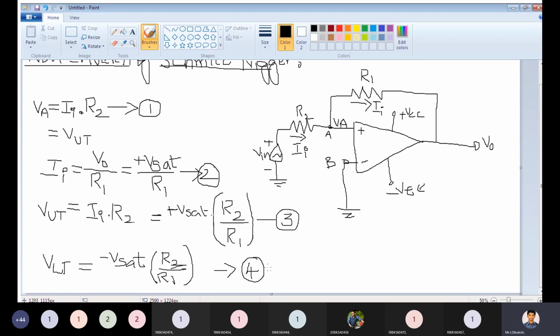Okay, so after getting the upper threshold voltage and lower threshold voltage, you need to find out the hysteresis, or the width of the hysteresis. Hysteresis H is equal to V_UT minus V_LT, upper threshold voltage minus lower threshold voltage.